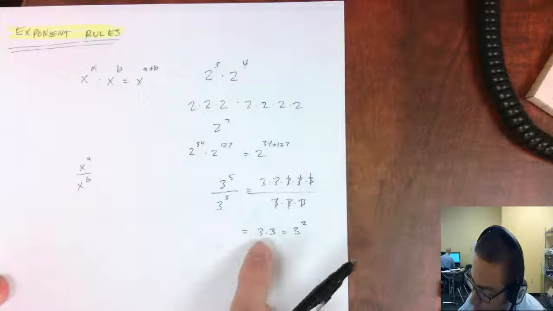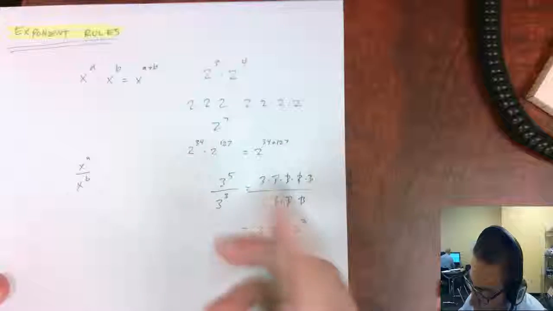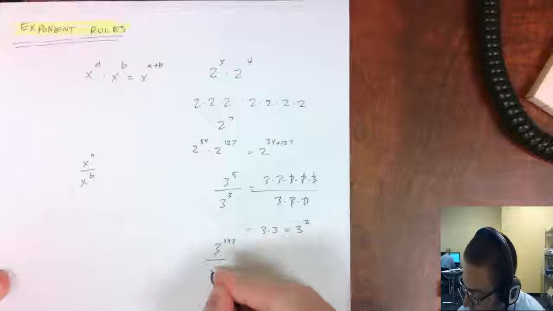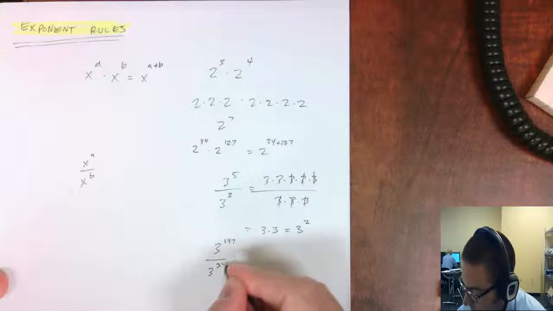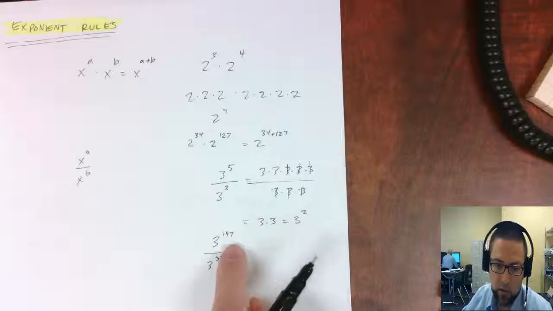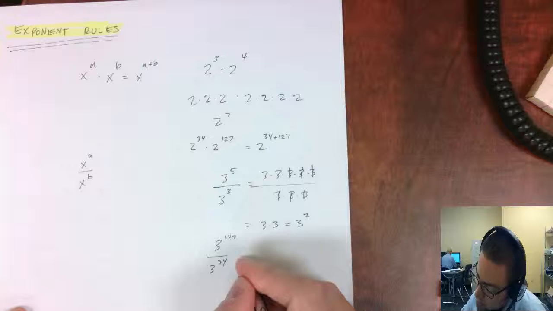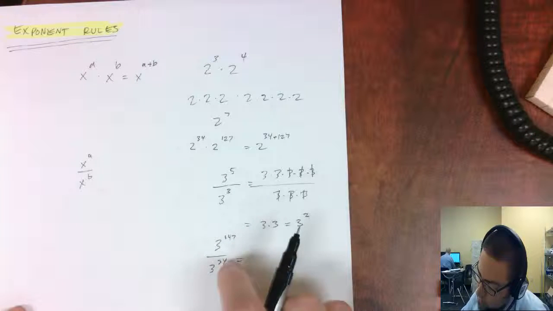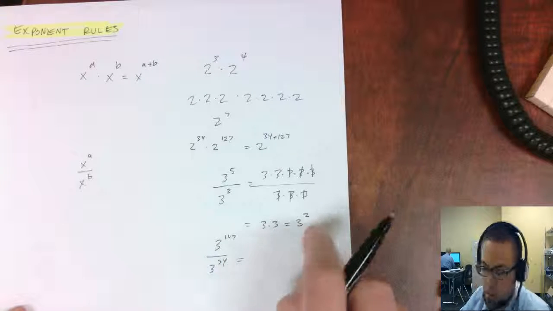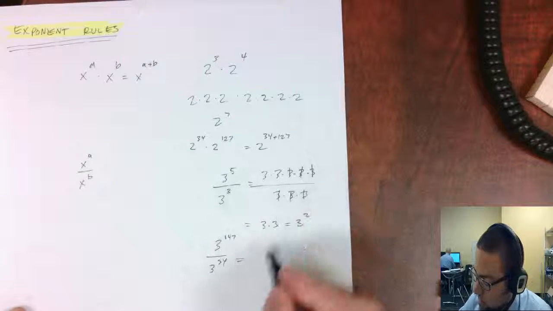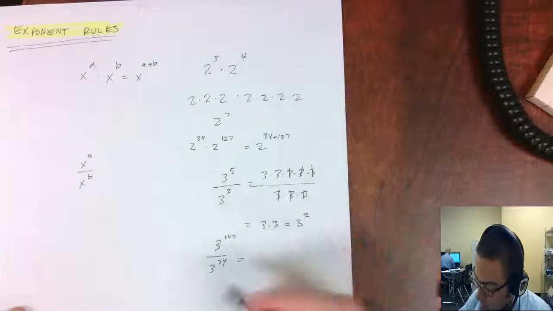Or you can think about what it would be if I had a really big number, right? 3 to the 147th over 3 to the 34th. I would not want to write out all those 3's. But you can think that every single one that's on the bottom and also on the top is going to be a 1, so they will cancel each other out, or turn into 1's.